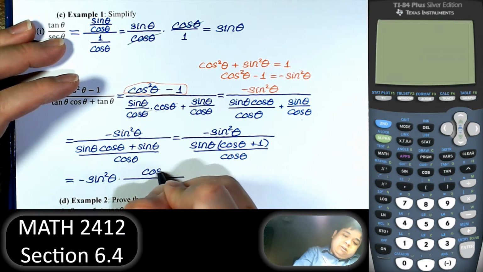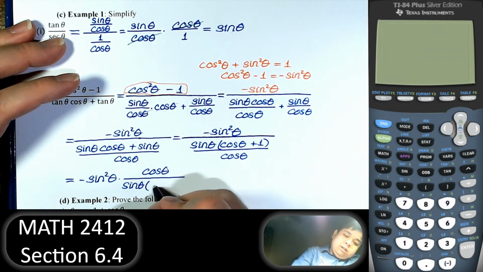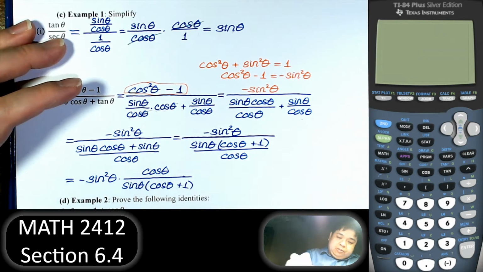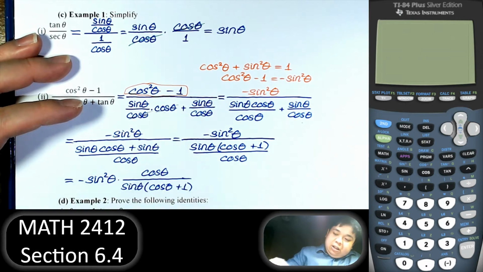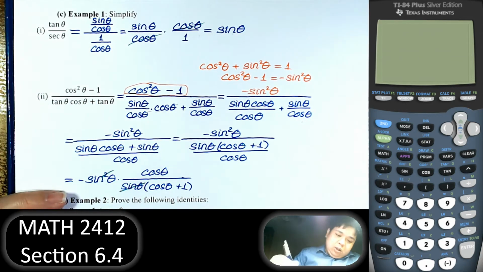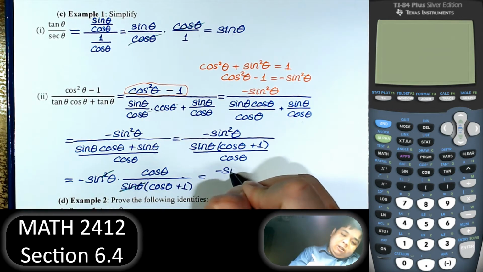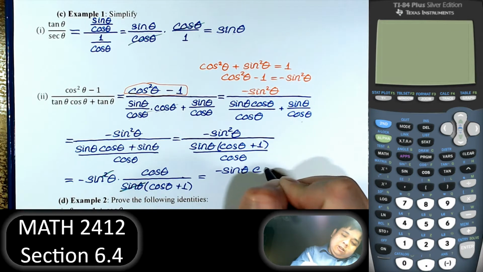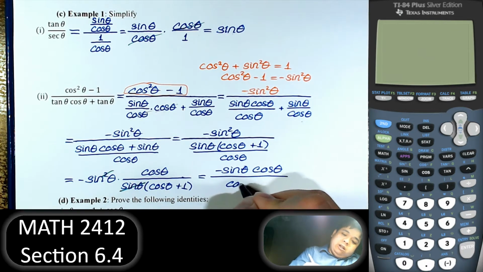Cosine at the top, sine at the bottom, cosine theta plus 1. We can cancel one sine at the bottom, so we end up with negative sine and cosine over cosine theta plus 1.